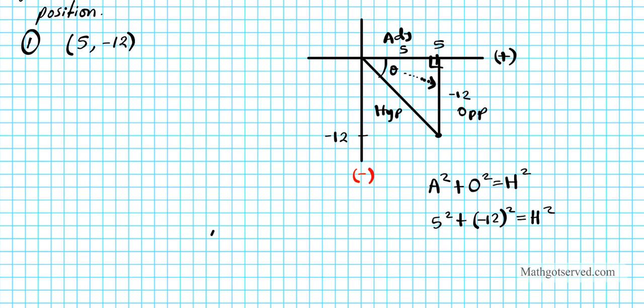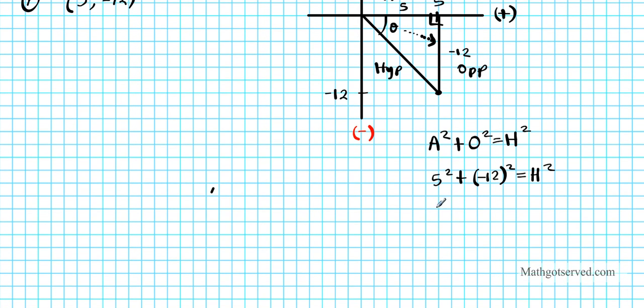All right. Now, simplifying further, we have 25 plus 144 equals h squared. When we add these two, we have 169 equals h squared.